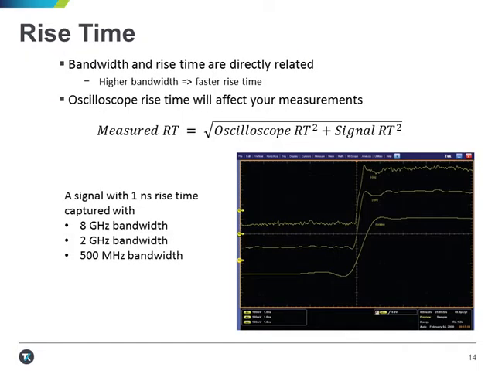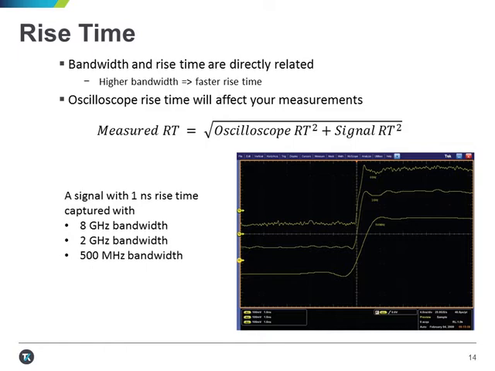For those who work with digital signals, it's often easier to think in terms of rise time. This slide shows the effect of capturing a signal with about 1 nanosecond rise time at 3 different bandwidths. To illustrate the relationship between bandwidth and rise time, we captured the signal on a high-performance oscilloscope that has a variable filter capability on its input. The time scale here is 4 nanoseconds per division.